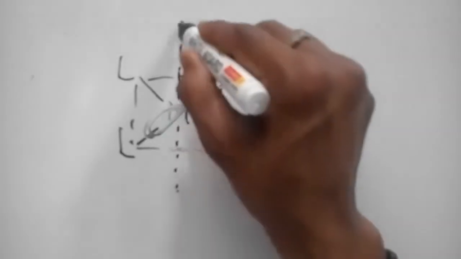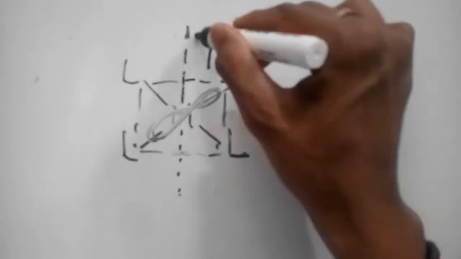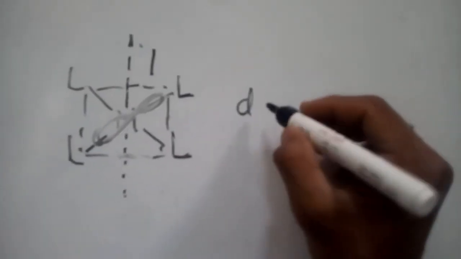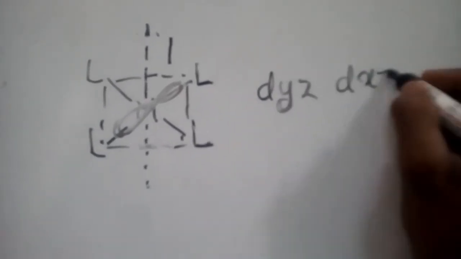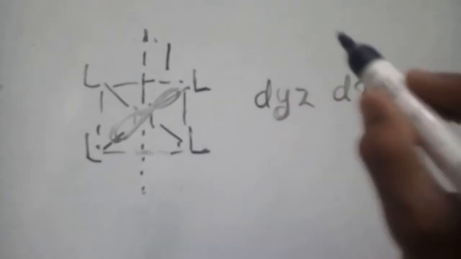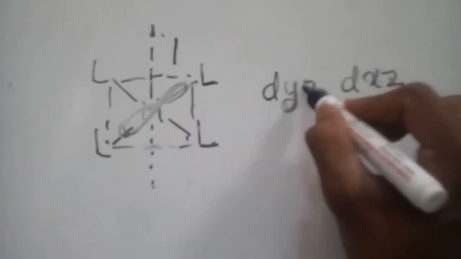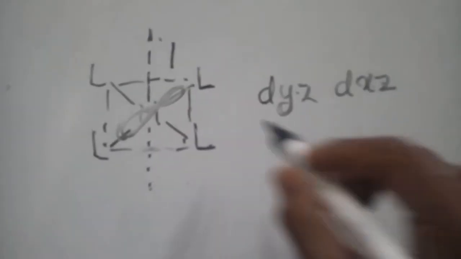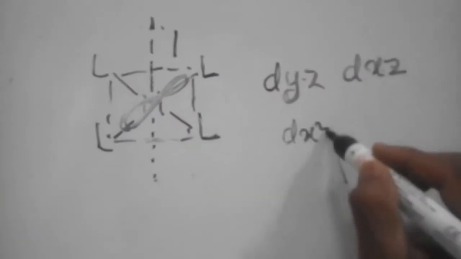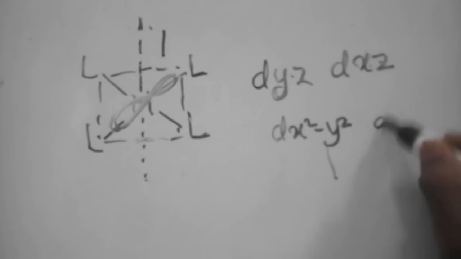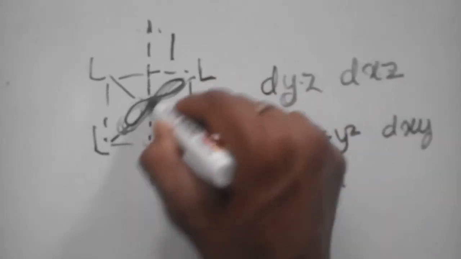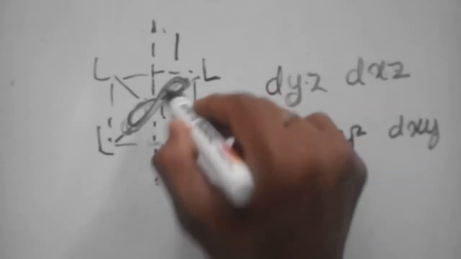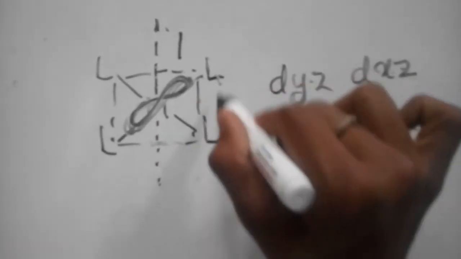And also, as the ligands on the z axis are removed, the energy of dyz and dxz, which are along the z axis, will also decrease, and the energy of dx square minus y square and dxy will increase due to the interaction with the ligands present on the x and y axes.